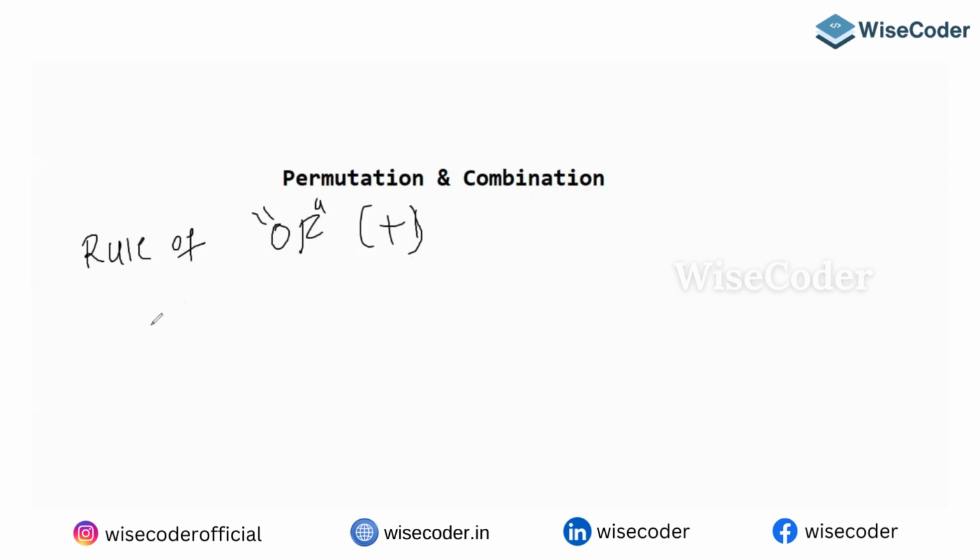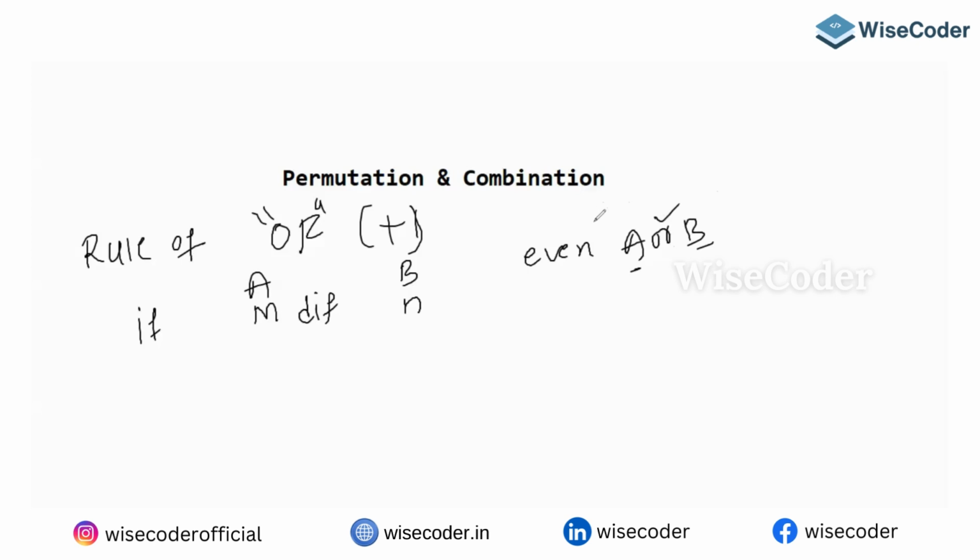So if event A can happen in m different ways, or event B happens in n different ways, the conjunction here is "or".